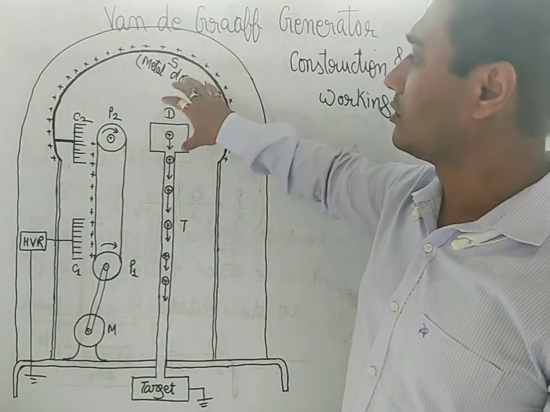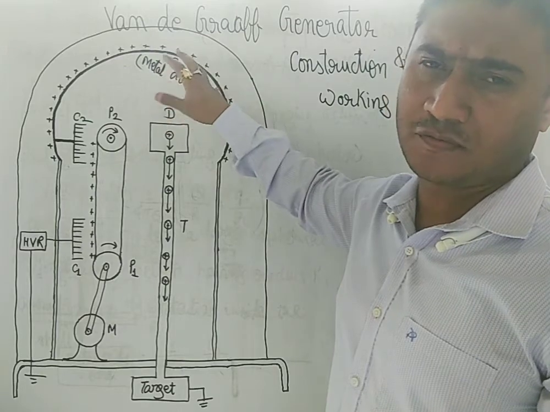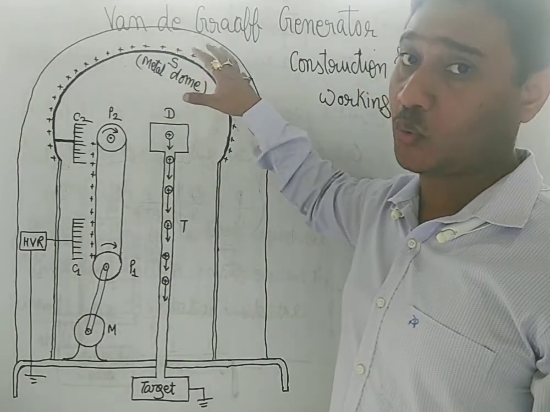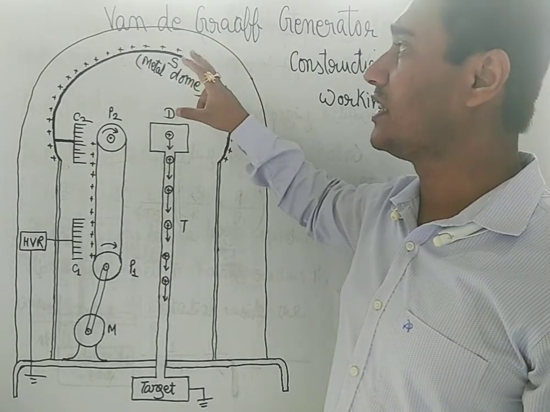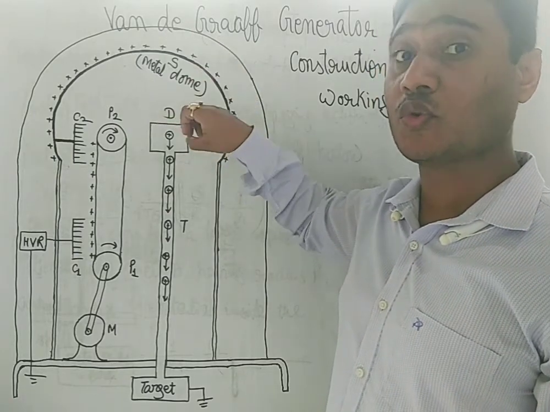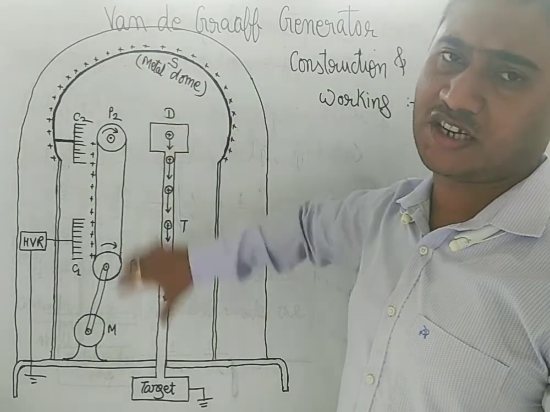The pressure inside this enclosed chamber is kept around 15 atmosphere. At a particular stage, when the rise in potential stops, at that time the rate of leakage of charge is just equal to the rate of transfer of charge to the metal sphere.